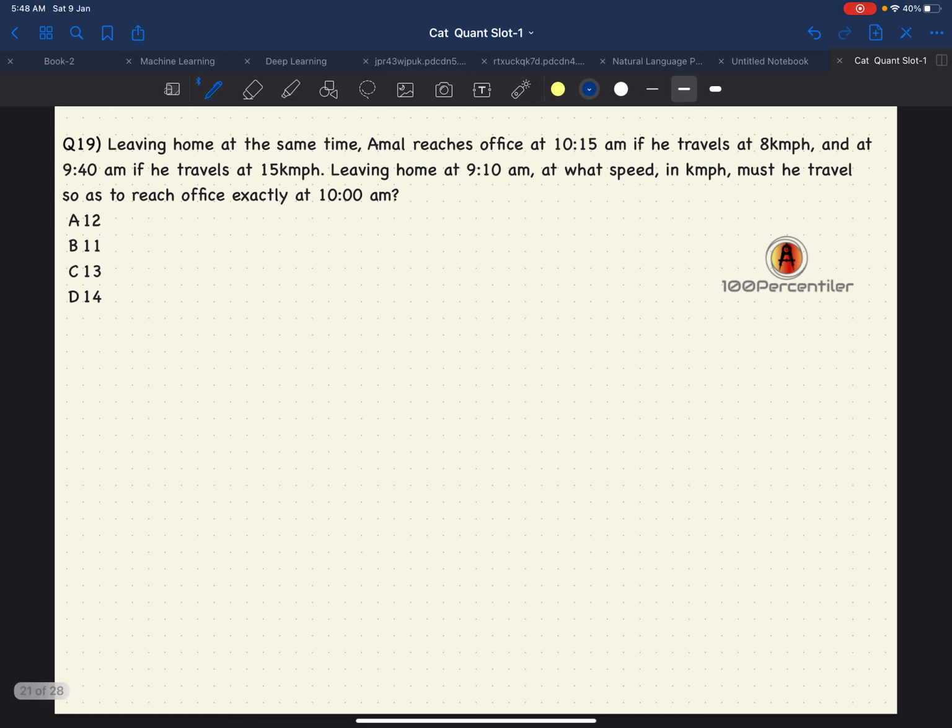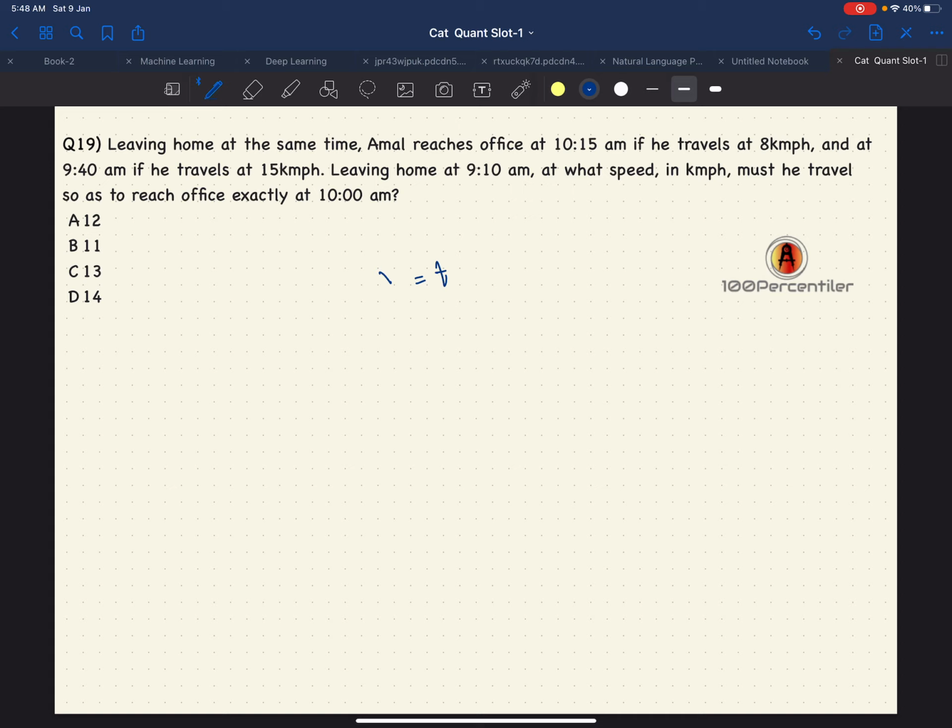Okay, so here we are given that leaving home at the same time, Amal reaches office at 10:15 if he travels at 8 km per hour and 9:40 am if he travels at 15 km per hour. So let's say he travels at a speed of v, and let's say he reaches at time t for a normal speed of 8.